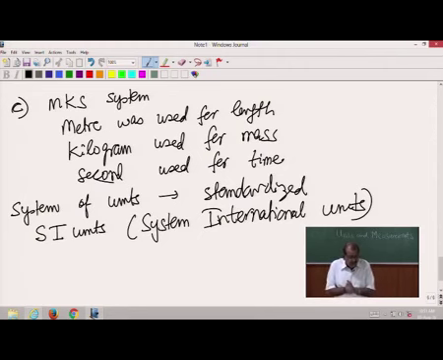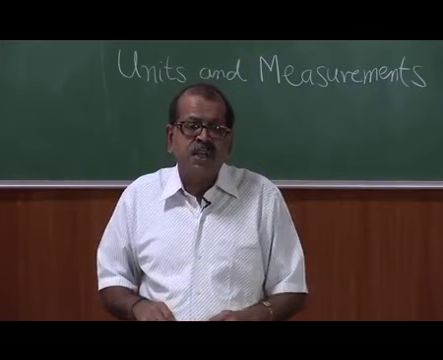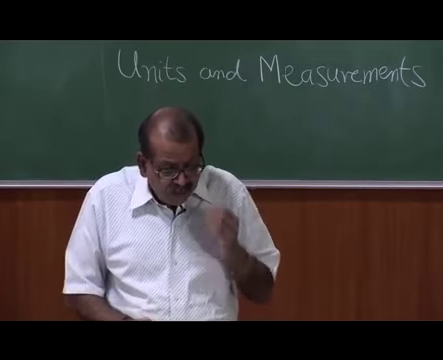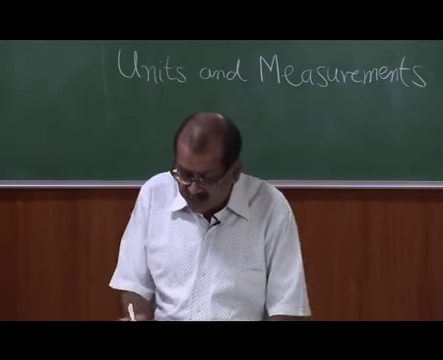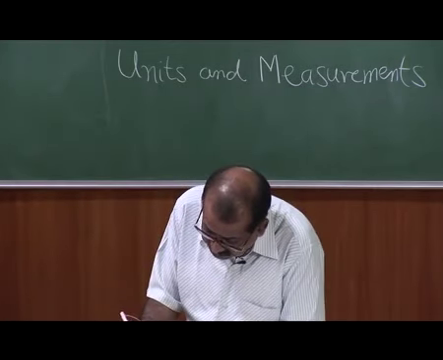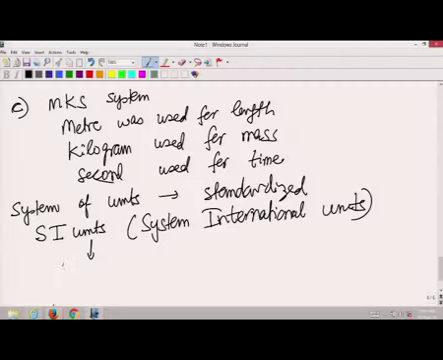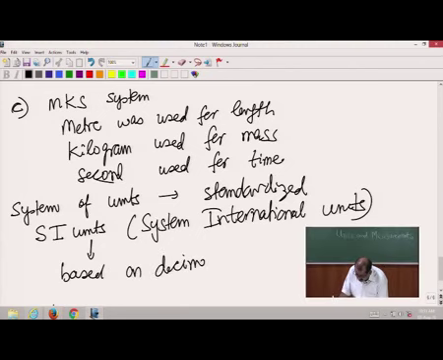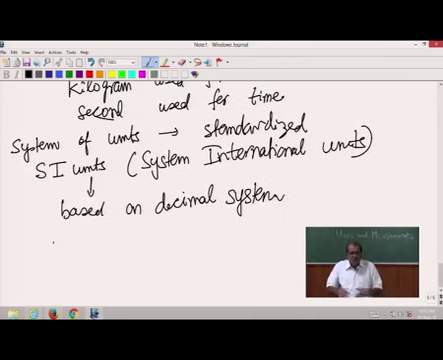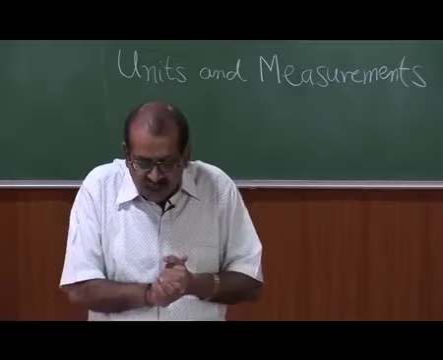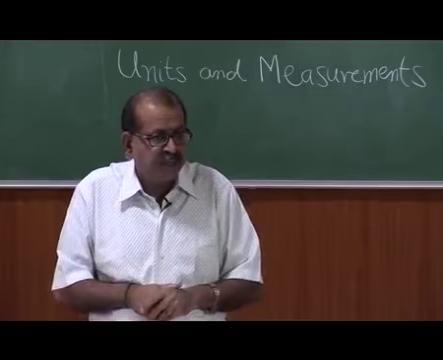In scientific, technical, and commercial work in the world, we normally use SI units. One of the basic advantages of SI units is that they are based on the decimal system. Because they are based on the decimal system, conversions work in factors of 10. Therefore, it is easier to use SI units.